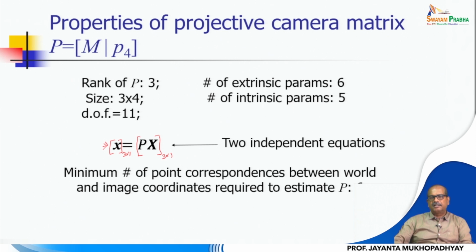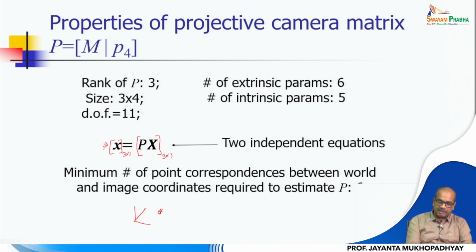a problem where, with some observations from an experimental setup, I would like to estimate the projection matrix P. So, how many point correspondences are required? Suppose I experimentally set up and put a camera at a position, and define the respective coordinate conventions in my laboratory or in a calibrated setup. Say this is my camera position, and I know the respective projection matrix.